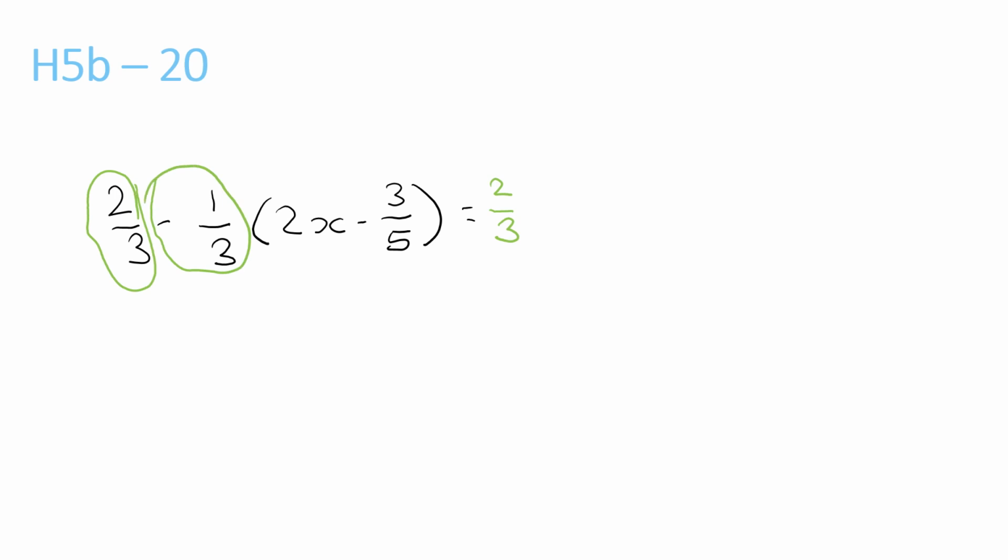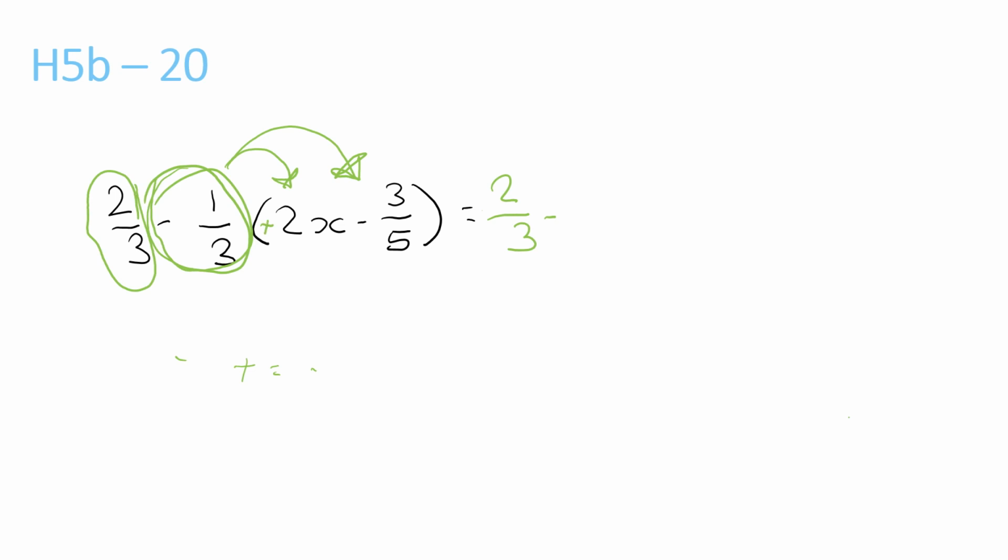So you have to get this number, then times it by that and that. So that would equal, oh no, you don't put the equals. 2 over 3 minus, because a minus and a plus is also a minus.